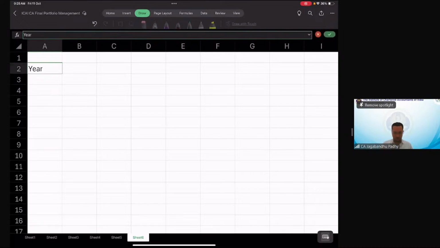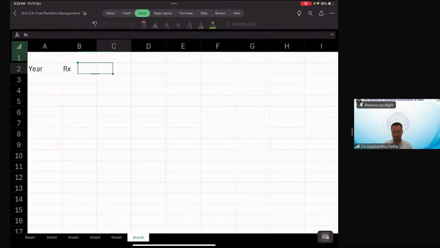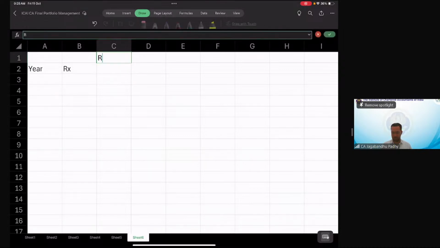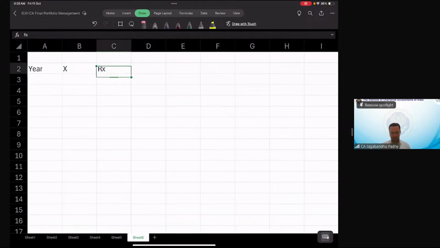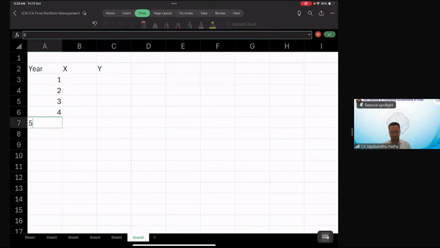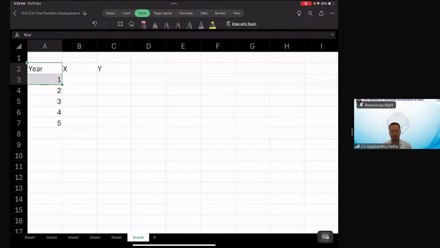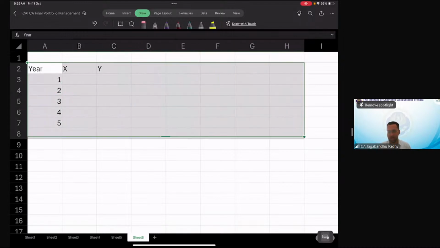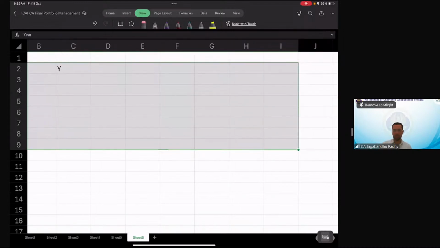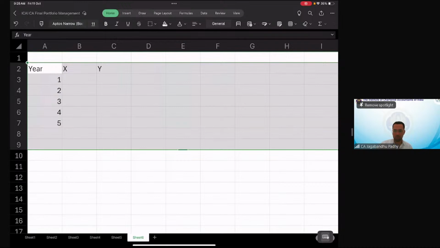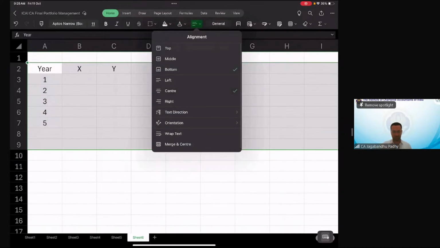So suppose we have the return of security X and the return of security Y. In the past 5 years, these two securities have generated some amount of return, which we are trying to analyze.